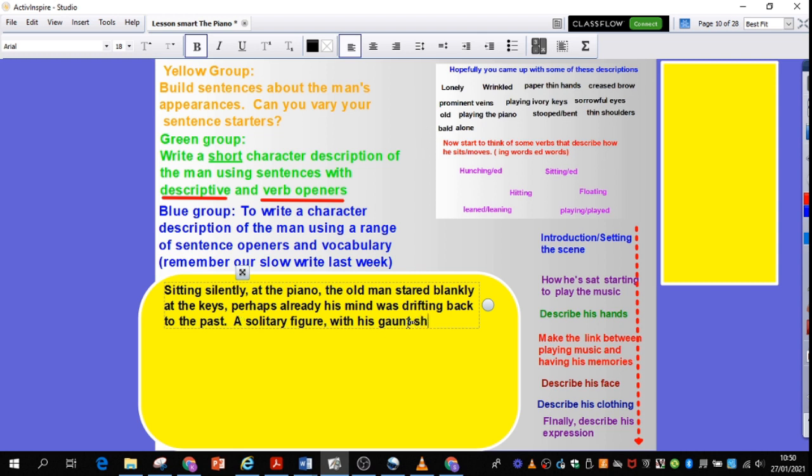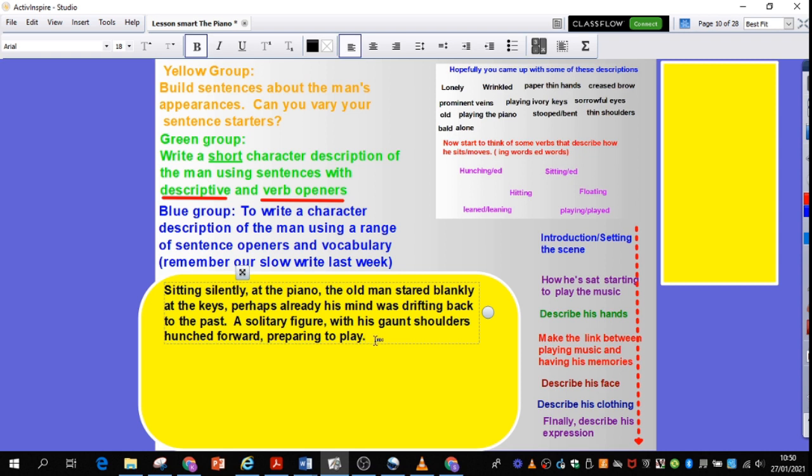His gaunt shoulders hunched forward. So I'm using one of my verbs, hunched forward. And what was he doing? He was getting ready to play. So, preparing to play. Okay, a solitary figure with his gaunt shoulders hunched forward, preparing to play.